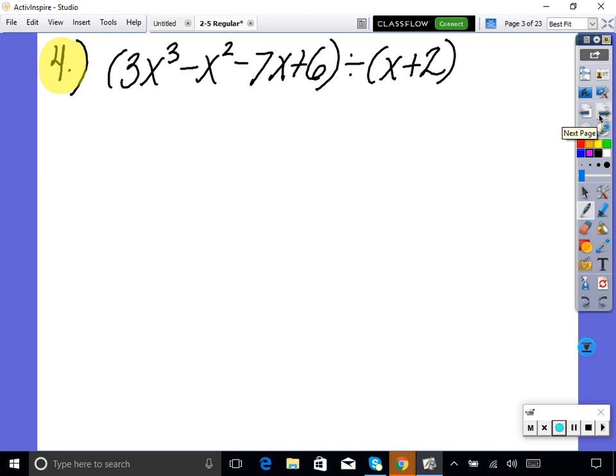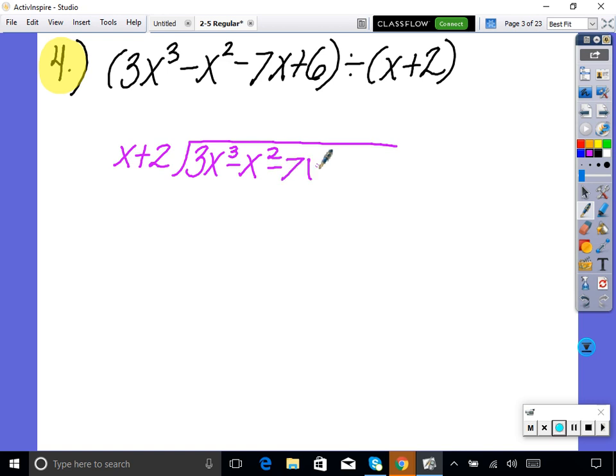So we're dividing by long division. So we would set up our x plus 2 on the outside of our little house. Draw in your house. So 3x cubed minus x squared minus 7x plus 6. And with long division always works to divide any two polynomials, and you divide the leading terms.